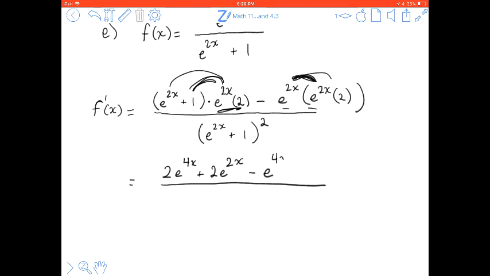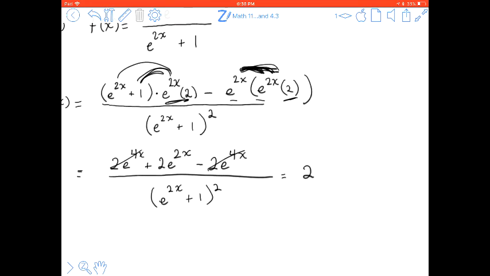So it's e to the 4x. You know what? We've got to get that 2 there with it, so minus 2e to the 4x. So we're not really distributing, we're just combining those two, multiplying. So the e to the 4x can cancel. So we have 2e to the 2x over e to the 2x plus 1, squared.